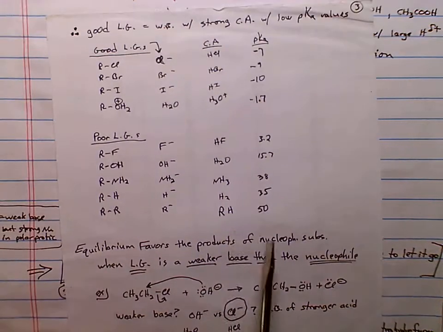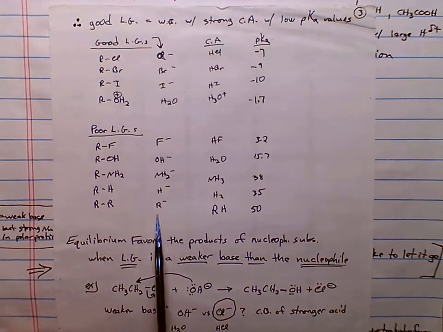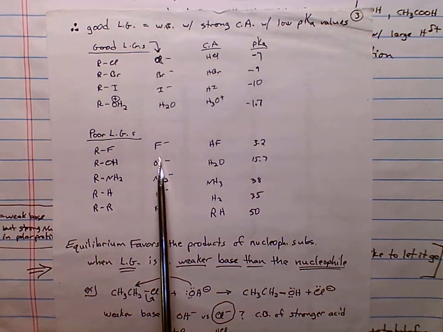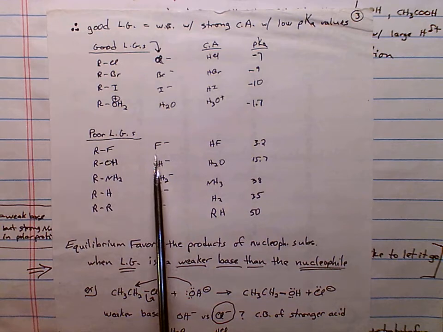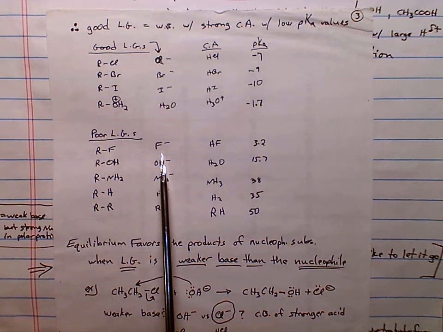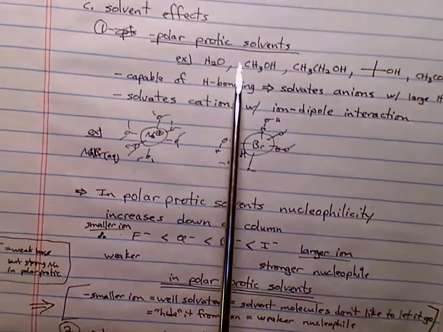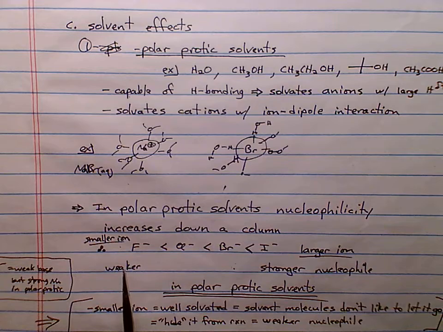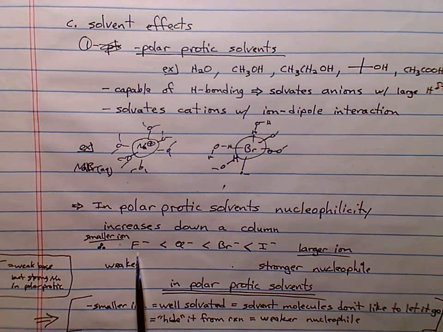Note, if we go back to this table, that's the opposite of what we normally see. Looking at pKa's, fluoride should be a poor leaving group and a good nucleophile. And that is normally the case, unless we're in a polar protic solvent, then fluoride is a good leaving group and a weak nucleophile.